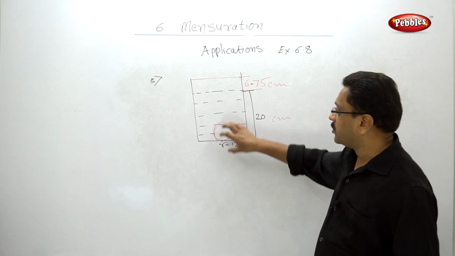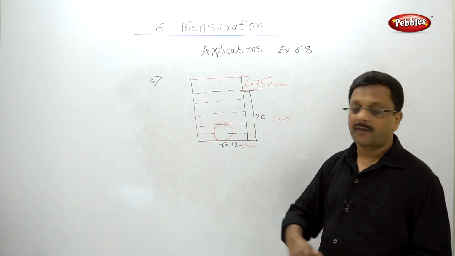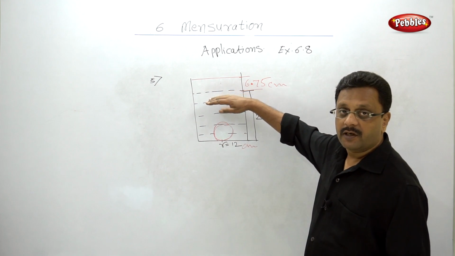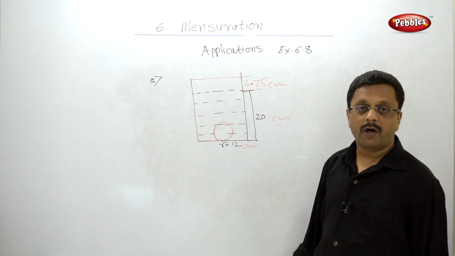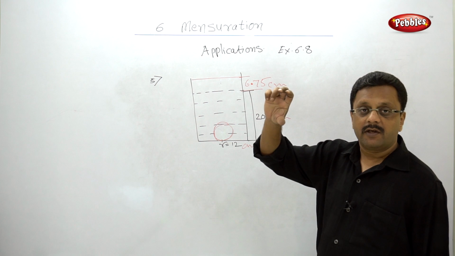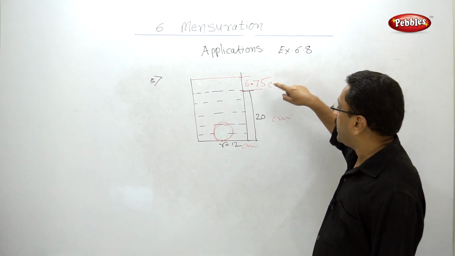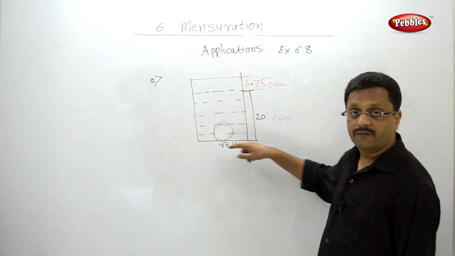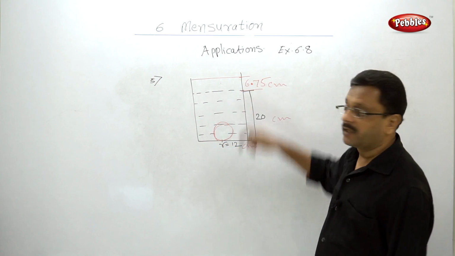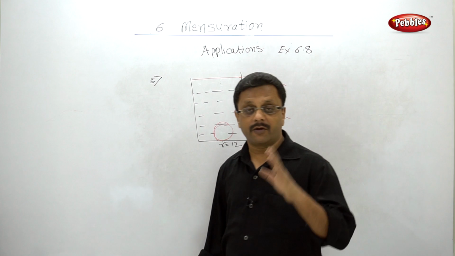Correct? Now what is the volume of this ball? If the water level is here, after dropping the ball, the water level is raised, then whatever the raised water volume is, that is the volume of that ball, and that volume is equal to the radius of the cylinder and this water level increase. That is the volume of the ball.